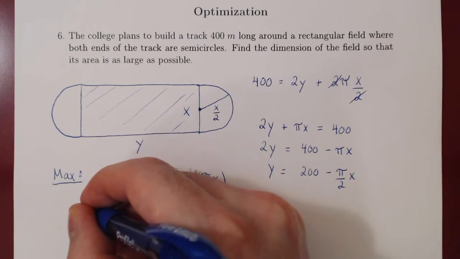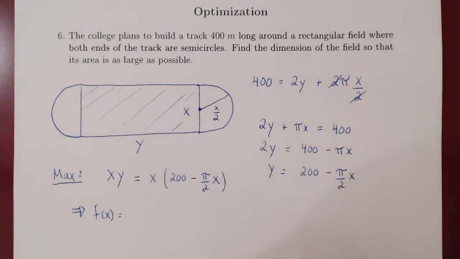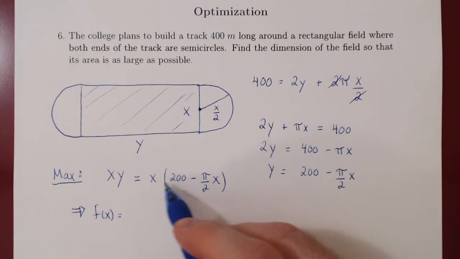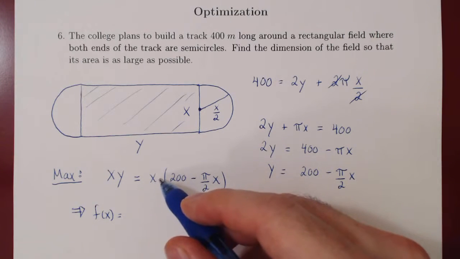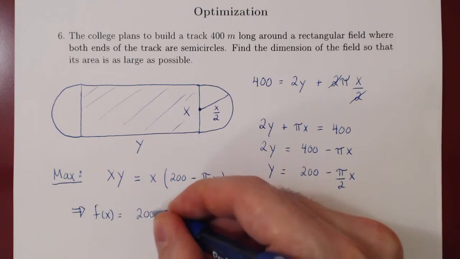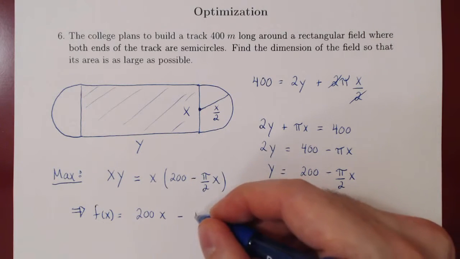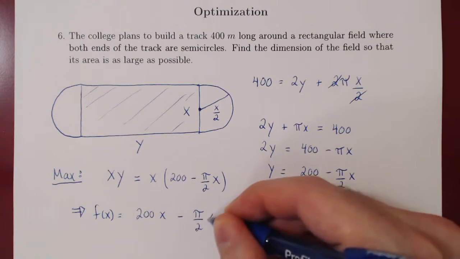So here we'll call this f of x. And since we're going to look for critical points, I will actually multiply this x out so as to avoid an unnecessary product rule. So I'll get 200x minus x times pi over 2 x is pi over 2 x squared.